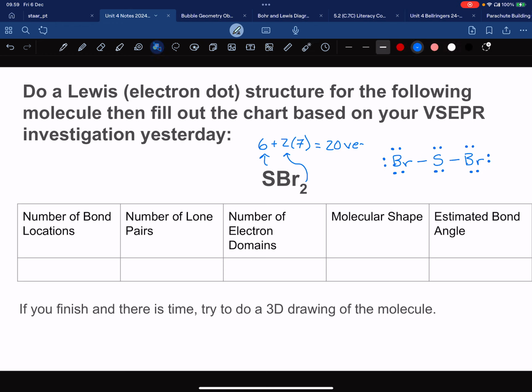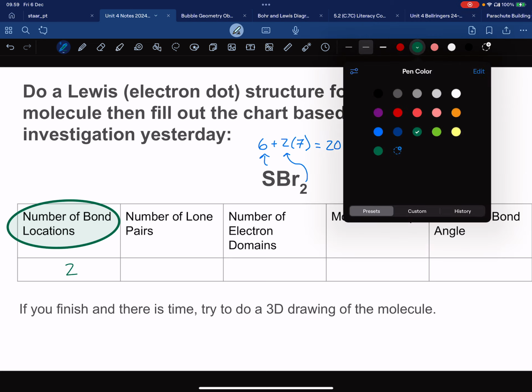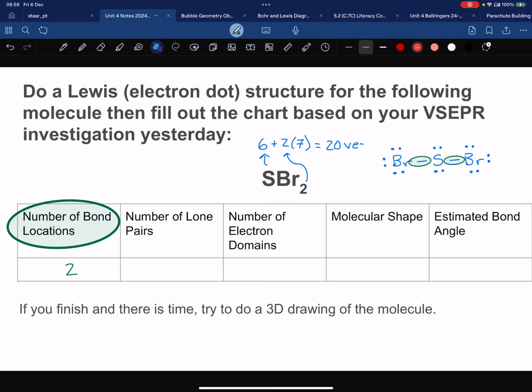Now, number of bond locations. All right, so number of bond locations, I'm going to color green. So number of bond locations, I got one bond location there and one bond location there. So I have a total of 2 bond locations. Number of lone pairs, I've got 1, 2, 3, 4, 5.